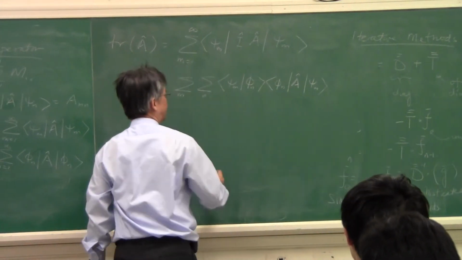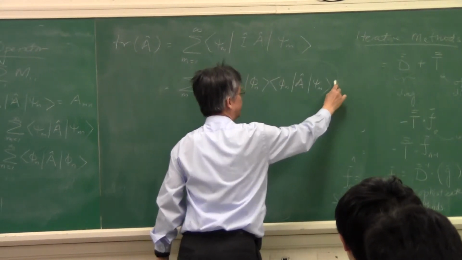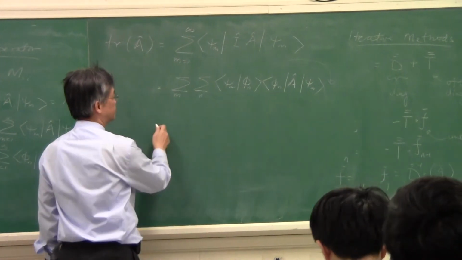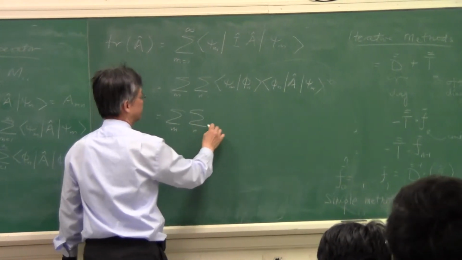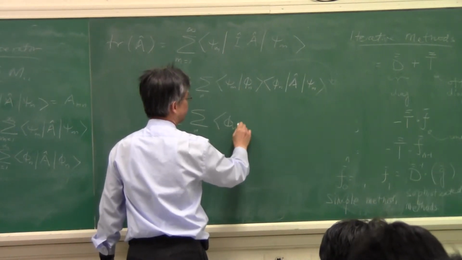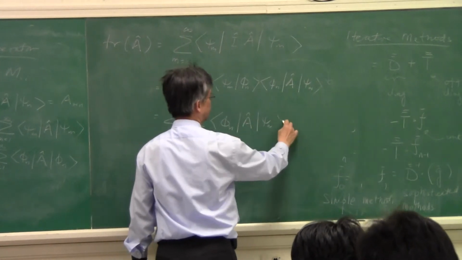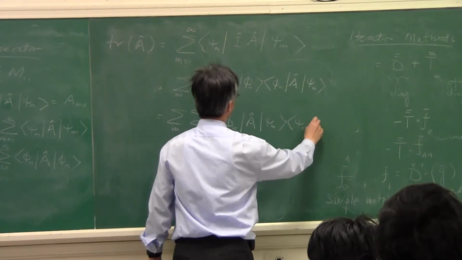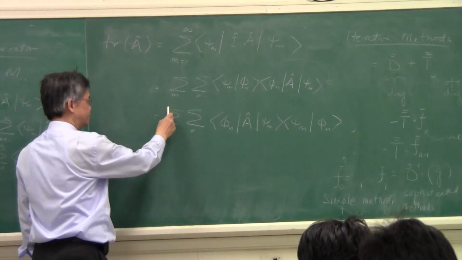Okay. Now I exchange. These are scalar numbers. Remember, these are just inner products, so they're scalar numbers. I can bring this out front and write this as the sum over m and n of psi_n, A hat, psi_m, psi_m, psi_n. Okay. Now I take this piece.